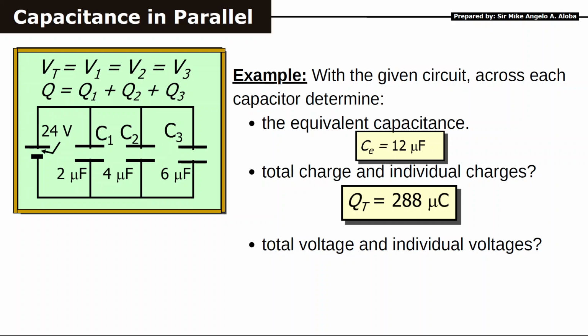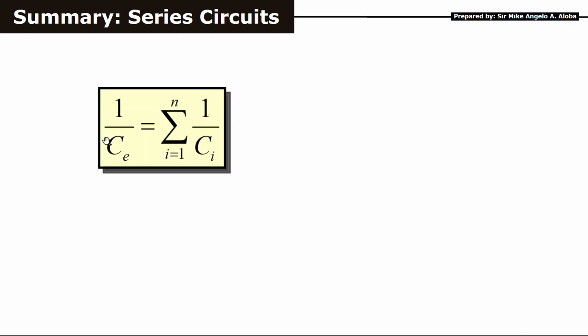Alright, so yeah, in summary, for a series circuit, or capacitors that are connected in series, for the equivalent capacitance, you use this formula: 1 over CE is equal to the sum of 1 over Ci, the individual capacitance of the capacitors.